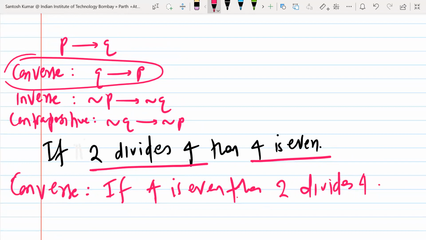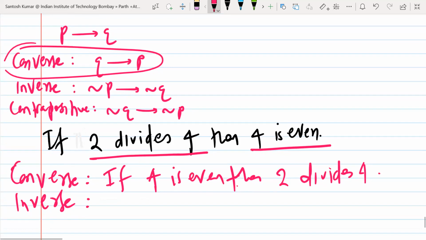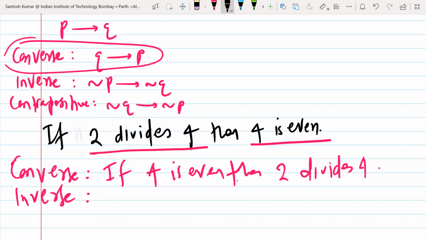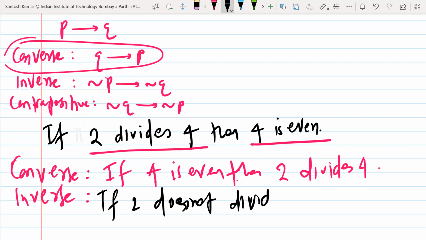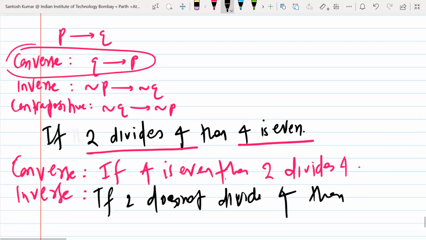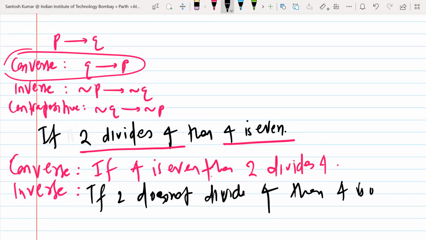And what is the meaning of inverse? If 2 does not divide 4, then 4 is not even. So 4 is odd, you can write.